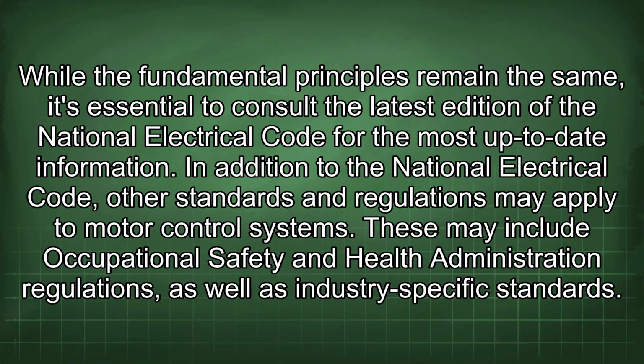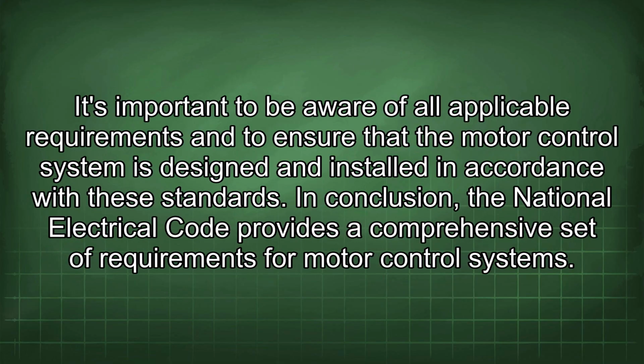In addition to the National Electrical Code, other standards and regulations may apply to motor control systems. These may include Occupational Safety and Health Administration regulations, as well as industry-specific standards. It's important to be aware of all applicable requirements and to ensure that the motor control system is designed and installed in accordance with these standards.